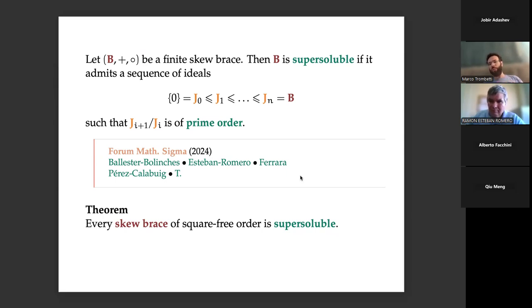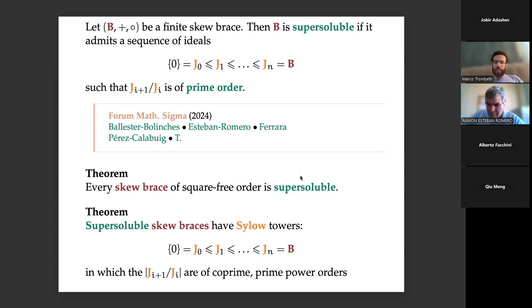Also, another thing which I think is very nice about supersolvable skew braces, which I did not expect to hold actually, because skew braces behave not very nicely with respect to groups, is that finite supersolvable skew braces have Sylow towers, which means essentially that you can move the prime orders of the quotients in such a way that the ones on the left are larger than the ones on the right.